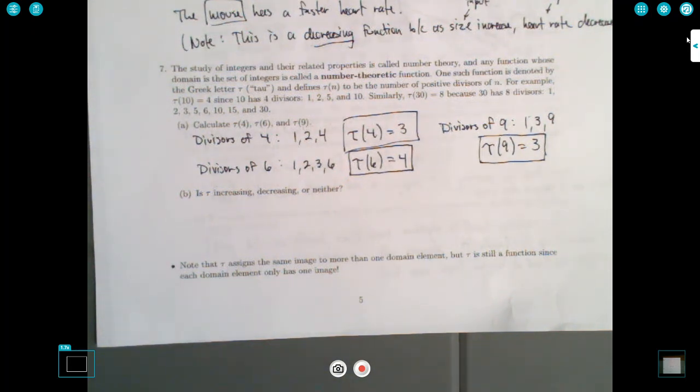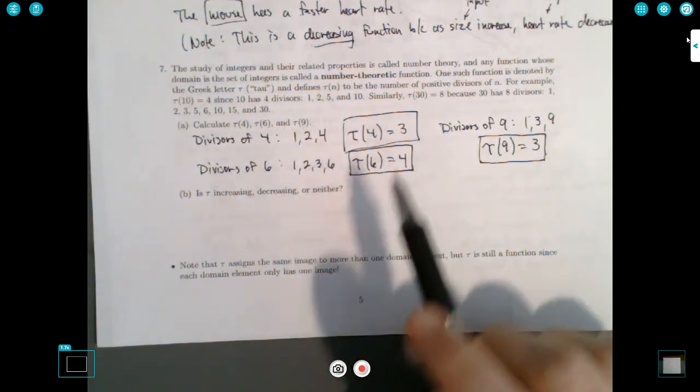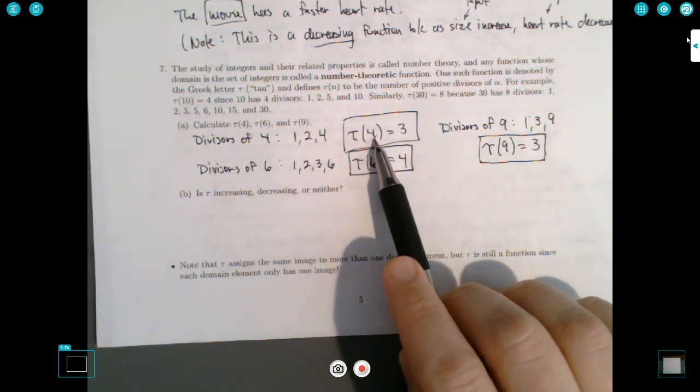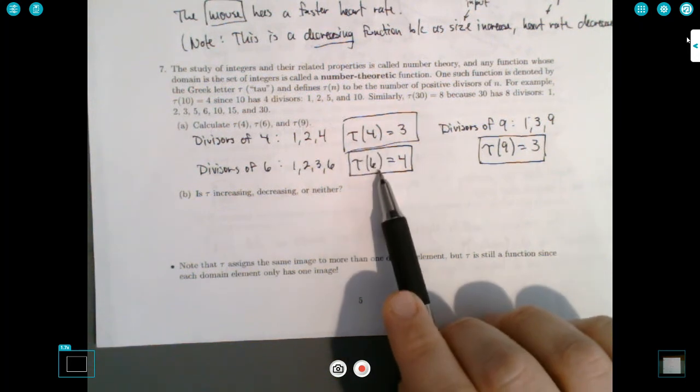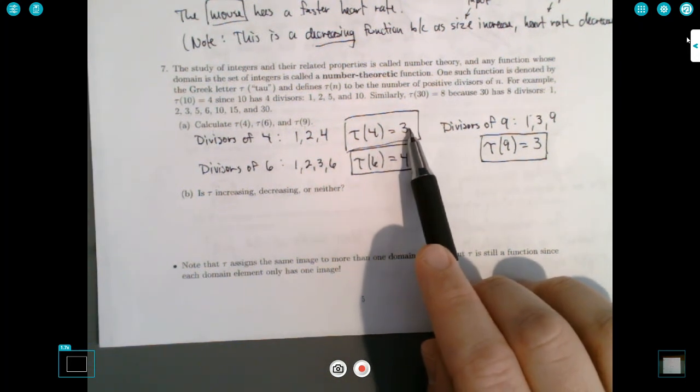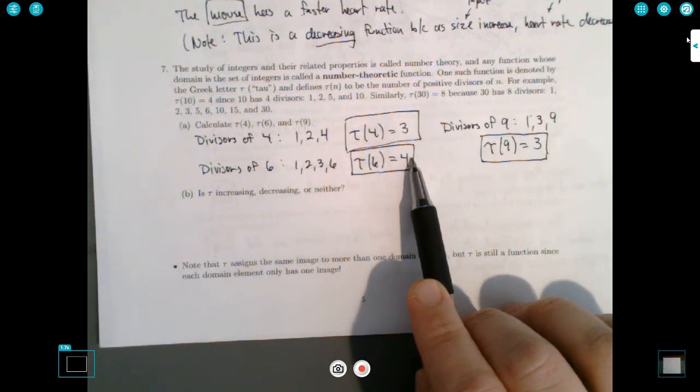Okay, then part B asks, is tau increasing, decreasing, or neither? Well, let's see. Here we increased the input from 4 to 6, and the output also increased from 3 to 4.